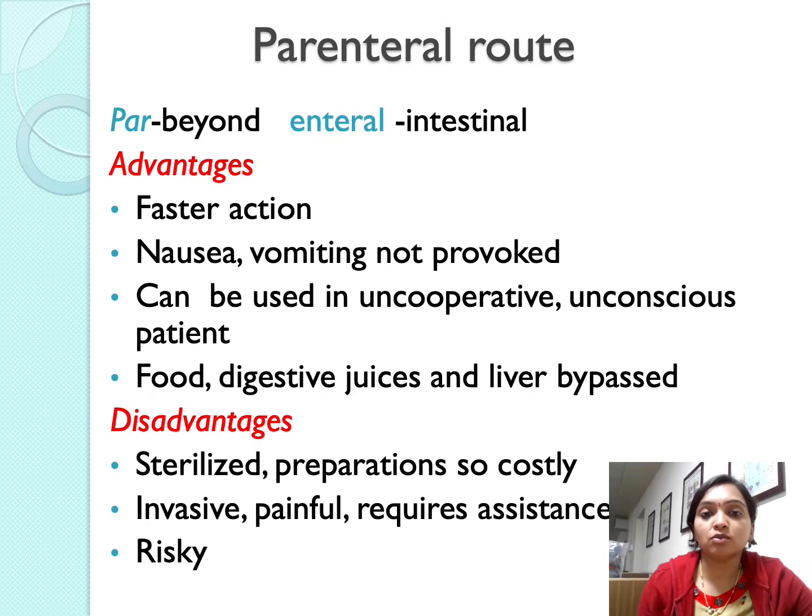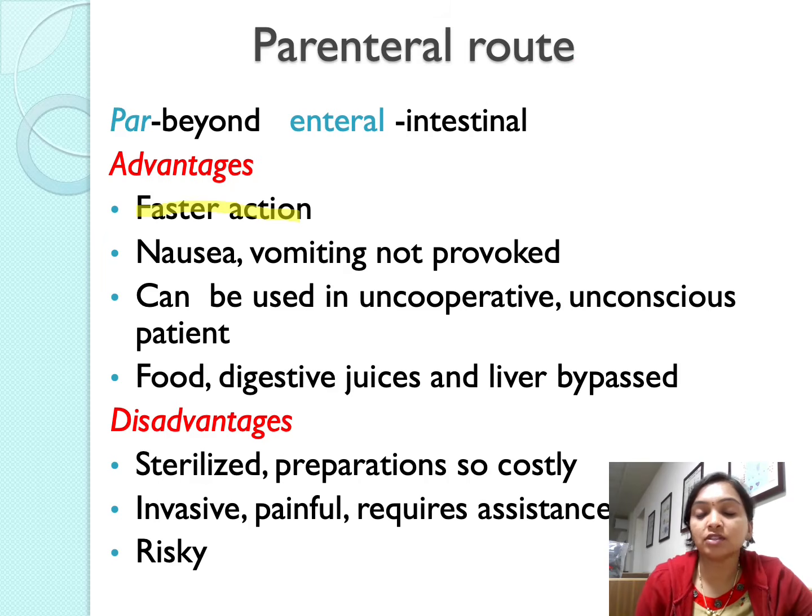So coming to the next major route of administration, that is parenteral. As I already told, par means beyond the enteral system, that is intestine, and that is what is called the parenteral route. The major advantage of this route is that absorption here is faster, and this can also overcome the difficulties which we saw in the oral route, that is nausea and vomiting.